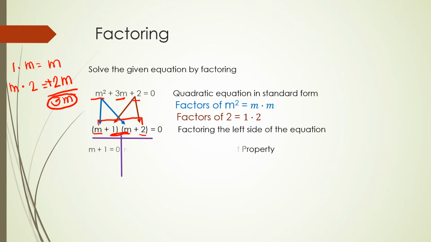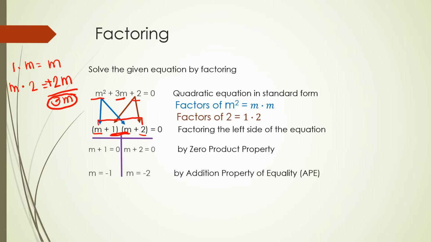Okay? Next, equate it to 0 or using the zero product property, pinaghiwalay lang natin siya. Now, using the addition property of equality, naging negative 1 and negative 2. Again, m plus 1 minus 1 is equal to negative 1. You have m plus 2 minus 2 is equal to negative 2. Kaya mawawala na to.